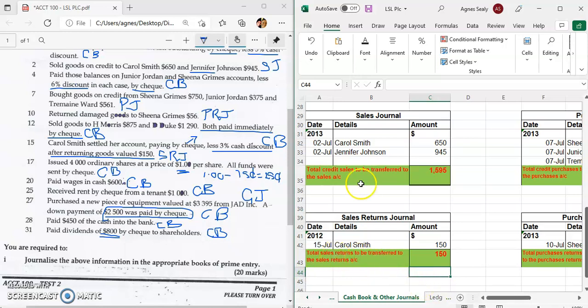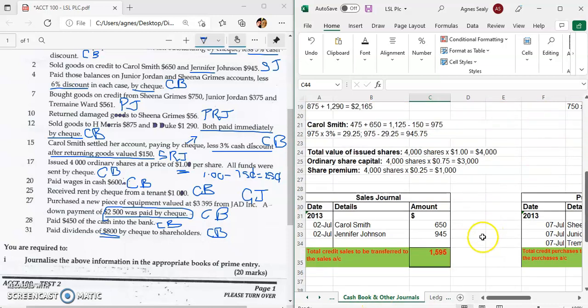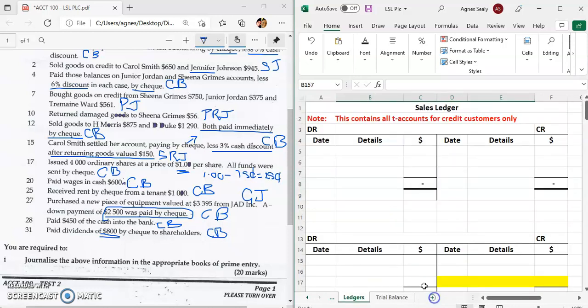Okay. So we've totaled all of our journals. We total our discount columns, we balance our cash and bank, we total our sales return, purchase return, and sales and purchases journal.